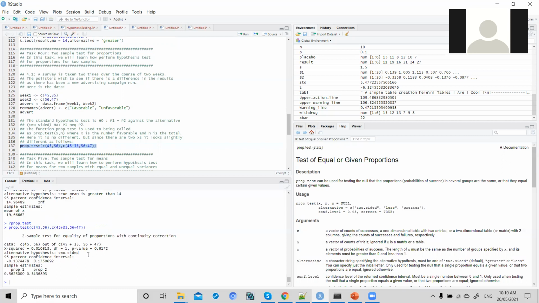So this is the proportion. Here you can see the p value is 0.9, which is greater than 0.05, so we accept the null hypothesis. This is how we do a two sample proportion test. If we have two samples of data, we do a proportion test for two samples. In a week, I have two data, the survey was done 2 times.